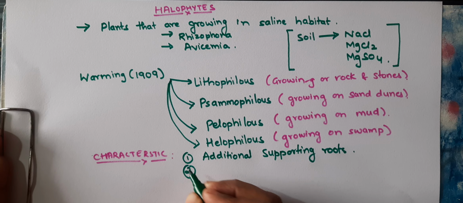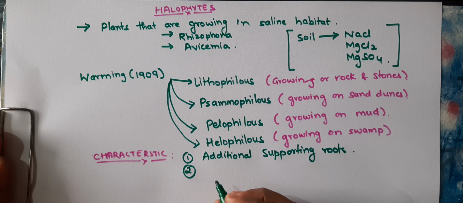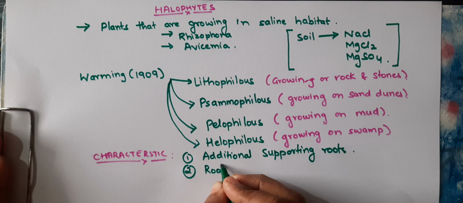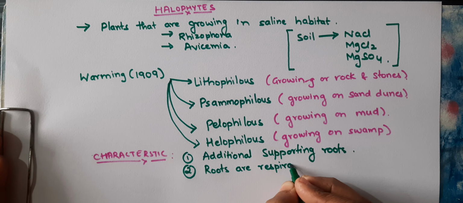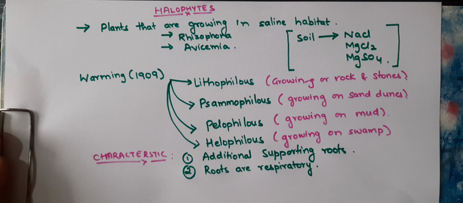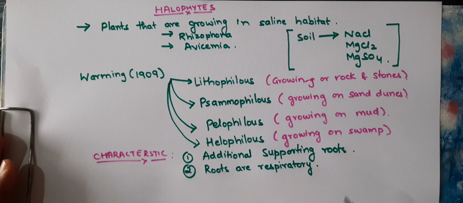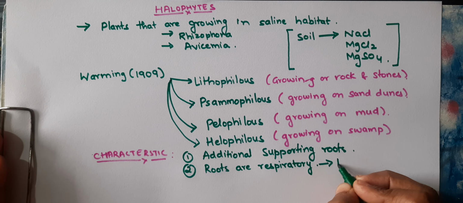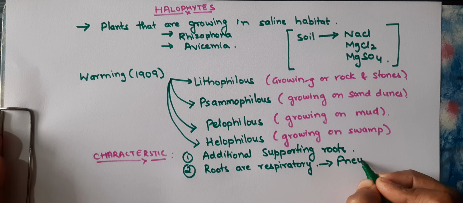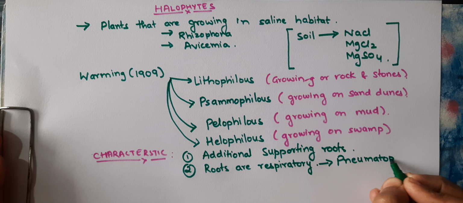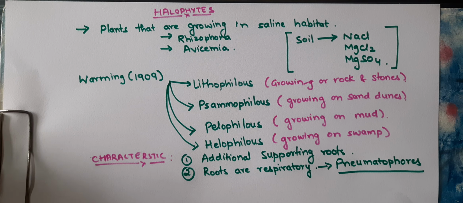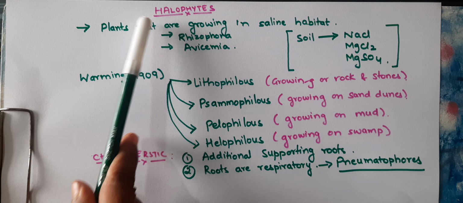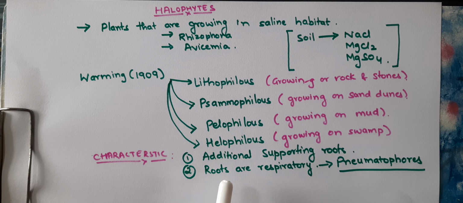The second characteristic is that they have respiratory roots. Those roots that perform the function of respiration are known as pneumatophores. If the question is there in the examination about what kind of plants have respiratory roots, you have to write that halophytes have respiratory roots, and those roots that are performing respiration are known as pneumatophores.